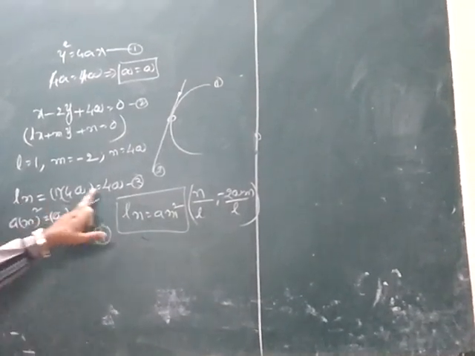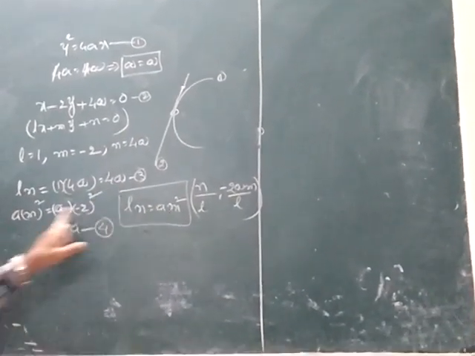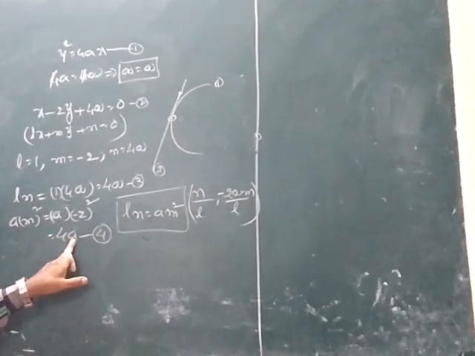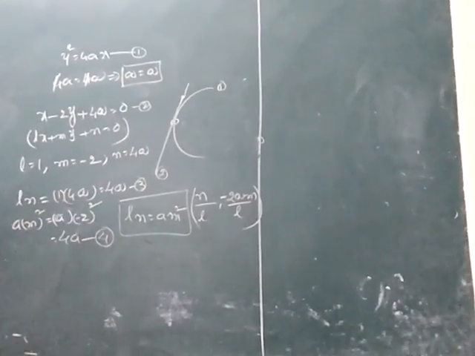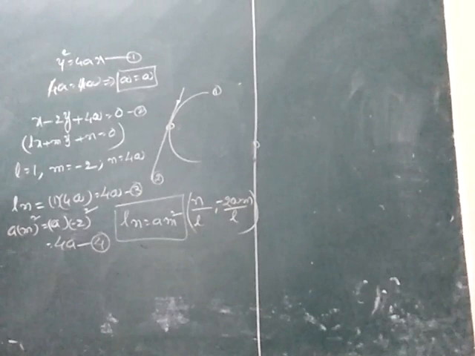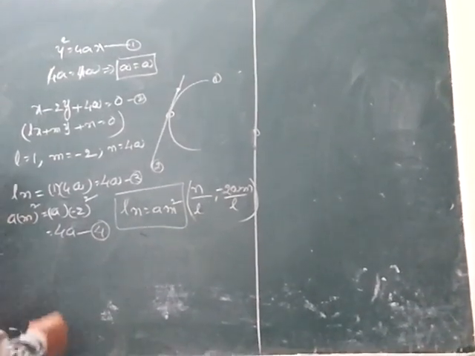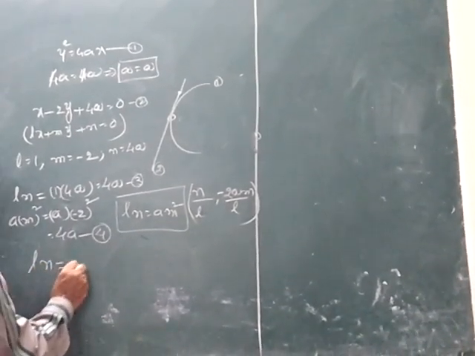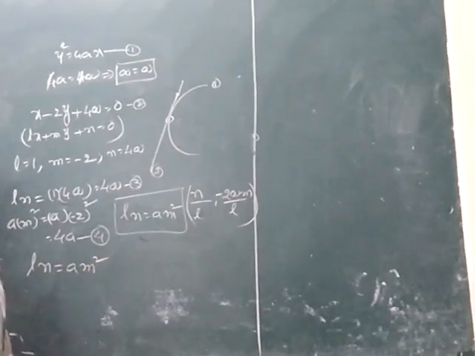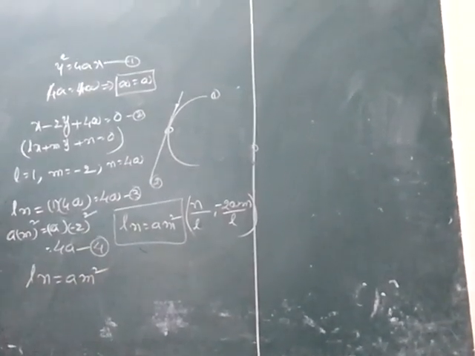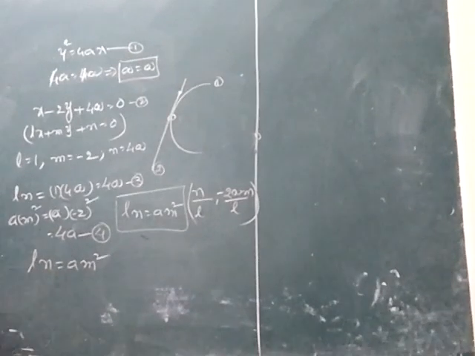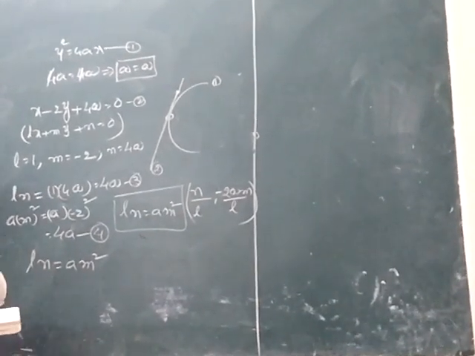So LHS value 4a, RHS value also equal 4a. From 3 and 4, Ln equal to am square.